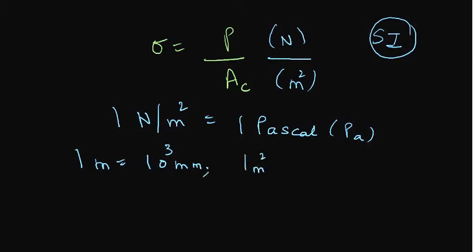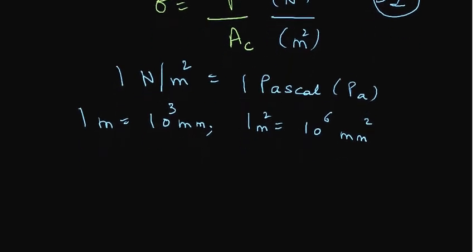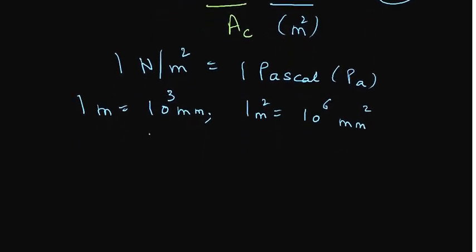So this would become 10 to power 6 millimeter square. Continuing, if I replace the meter square in the denominator by this, I will get 10 to power 6 millimeter square, and this is equal to 1 Pascal.